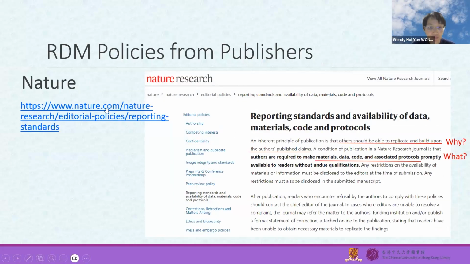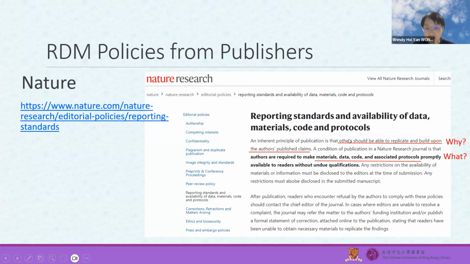Nature, a very important journal, also states in its reports on standards and availability of data, materials, codes, and protocols. Remember, data also includes other materials, codes, and protocols.